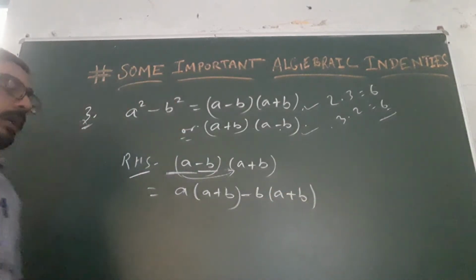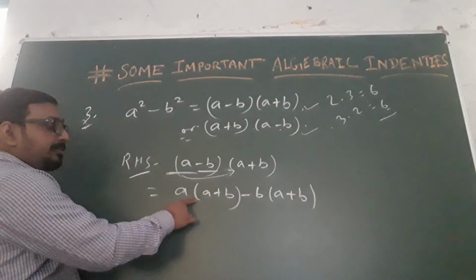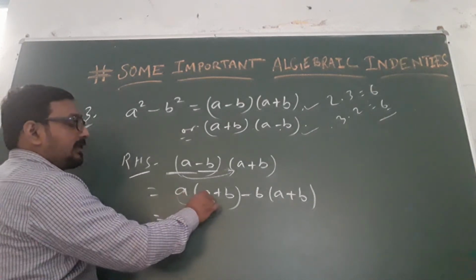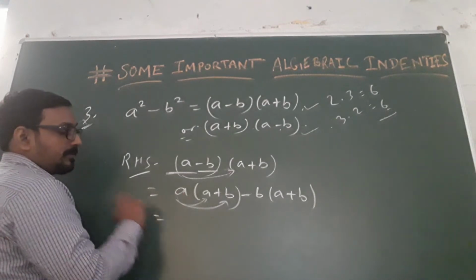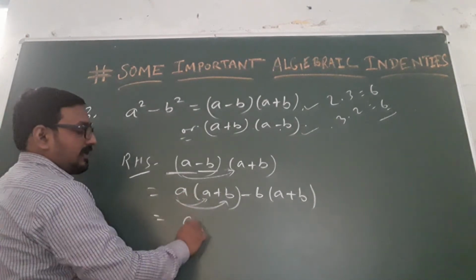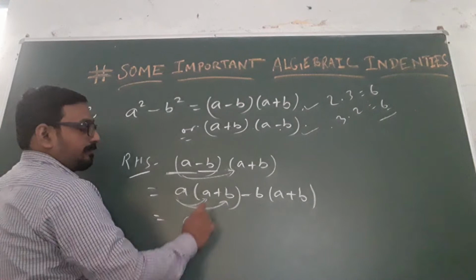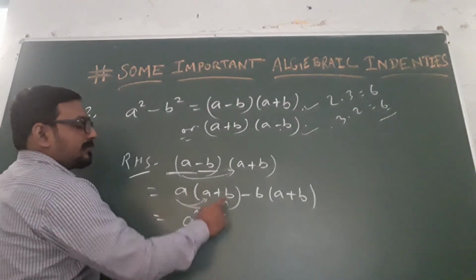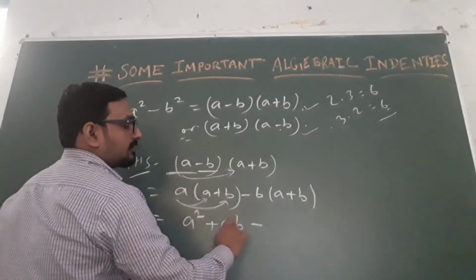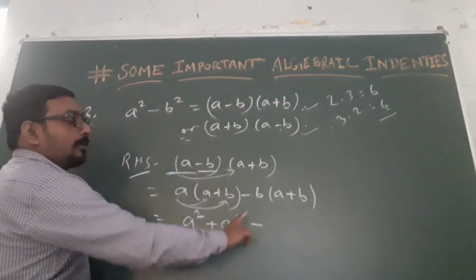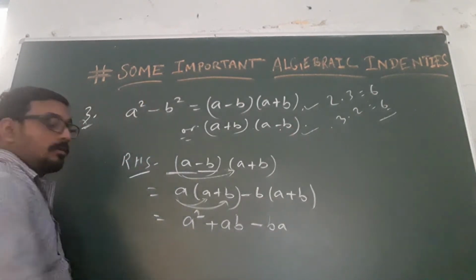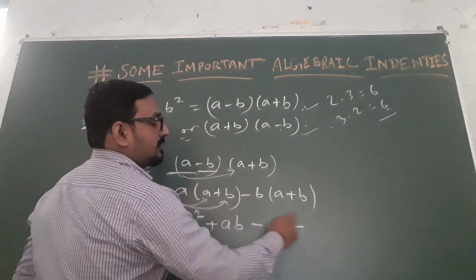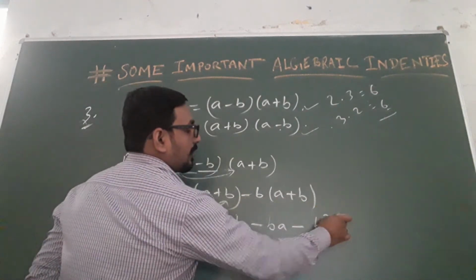Now when we remove this bracket, this a multiplies with both terms. First, plus into plus, a into a becomes a squared, then plus a multiplied with b is ab, minus into plus, minus b into a becomes ba. Then minus into minus, minus b into b is b squared.